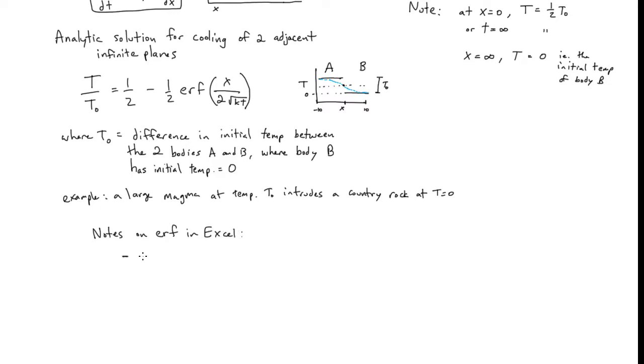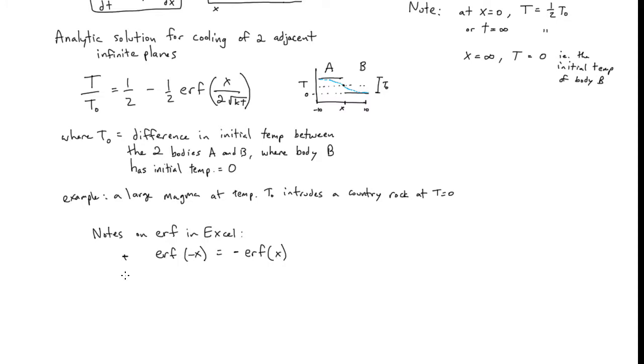So the error function of a negative number is equal to minus the error function of that number itself. Some older versions of Excel can't do the error function of a negative number, but you can just do it the normal way and then make it negative. I think most of the time this isn't going to be an issue.